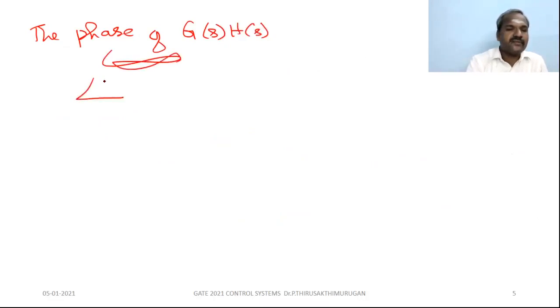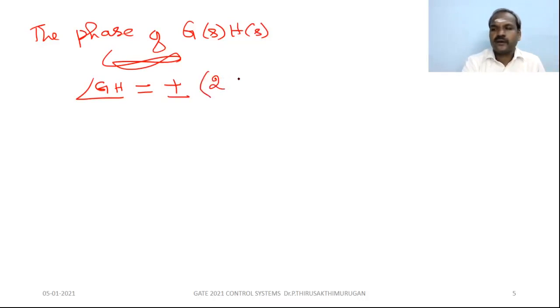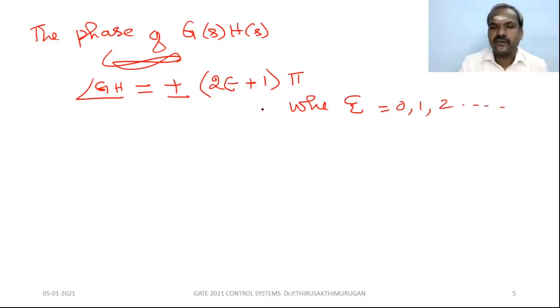The angle of GH equals plus or minus (2 epsilon plus 1) into pi, where epsilon equals 0, 1, 2, 3, etc.